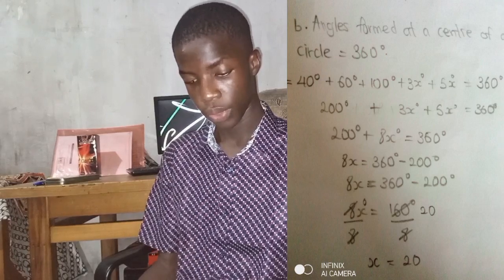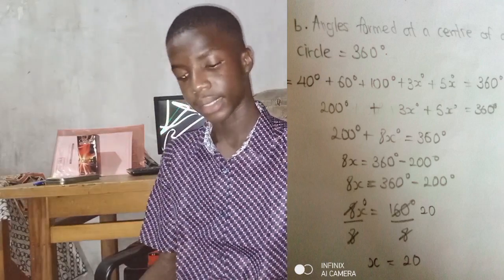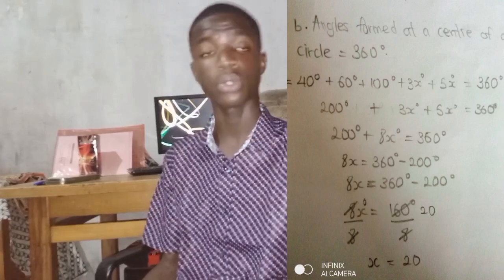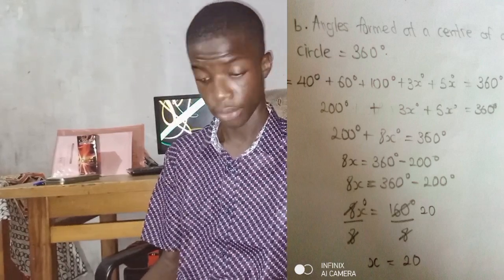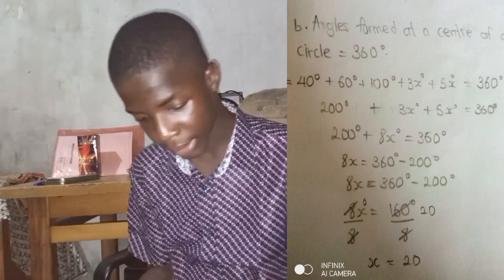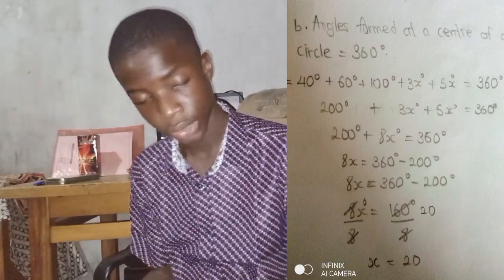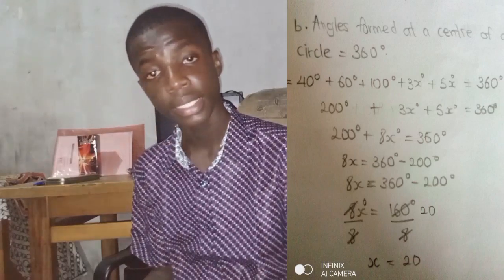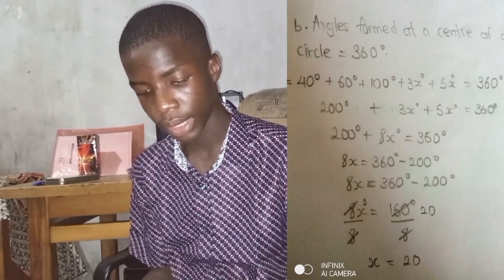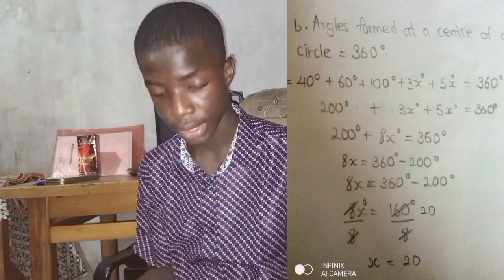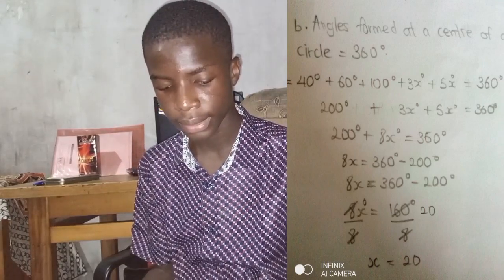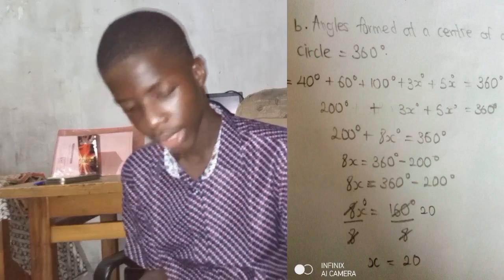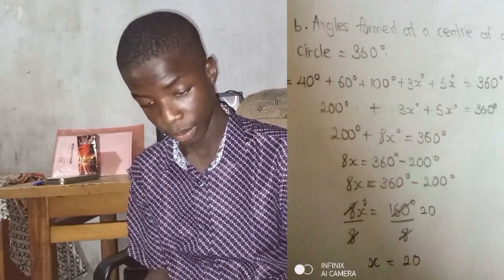So therefore, we have 40 plus 60 plus 100 plus 3x plus 5x is equal to 360 degrees. 40 plus 60 plus 100, we get 200, plus 3x plus 5x, we get 8x, is equal to 360. 200 plus 8x is equal to 360.